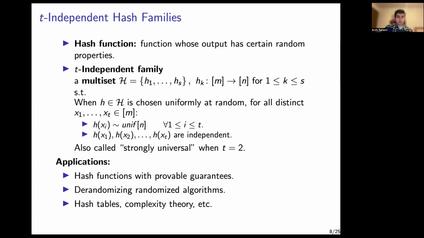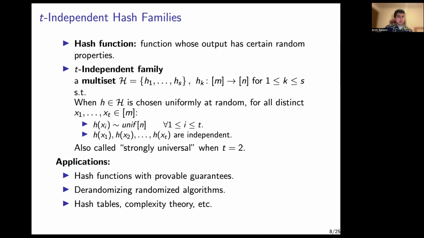If you pick any t distinct entries, x sub 1 through x sub t in 1 through m, and when you pick a function small h in big H uniformly at random, then the t random variables h of x sub 1 to h of x sub t are going to be IID and uniform in 1 through n.